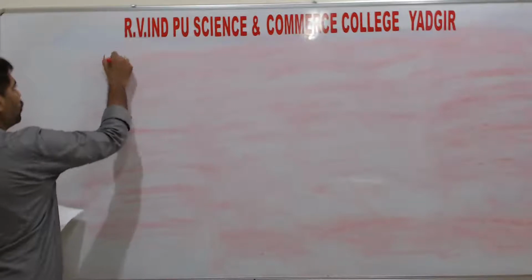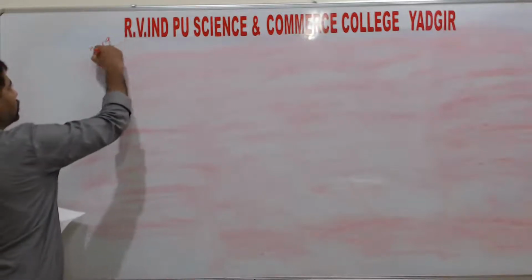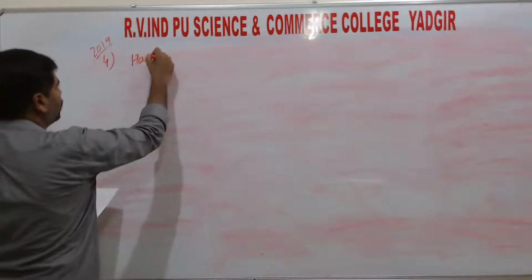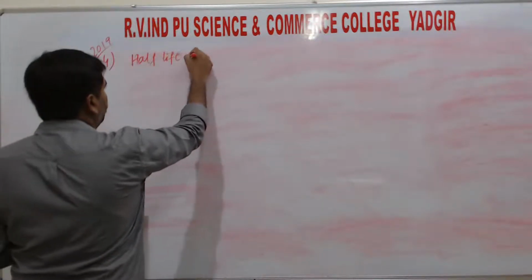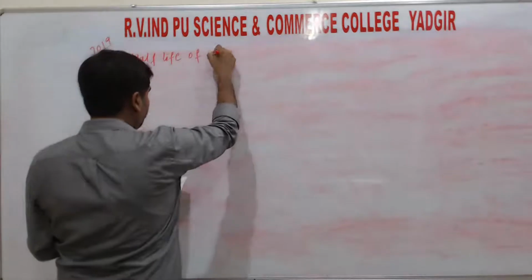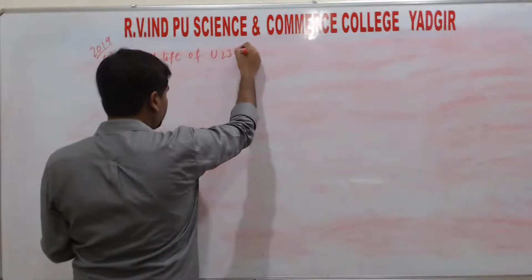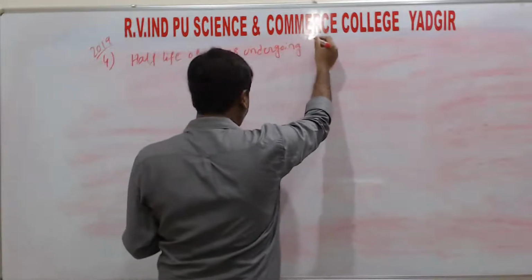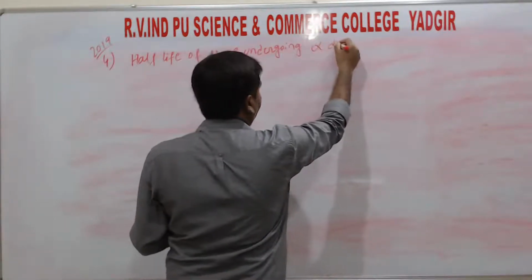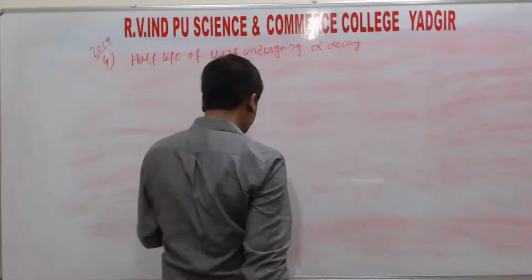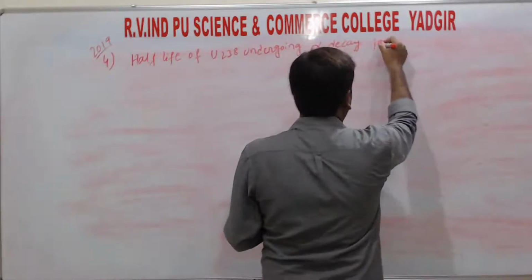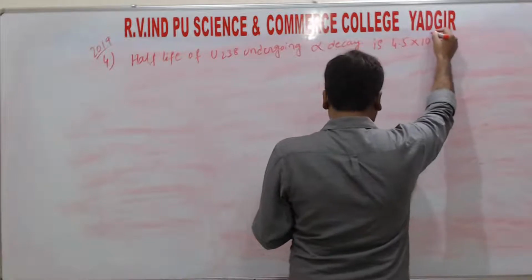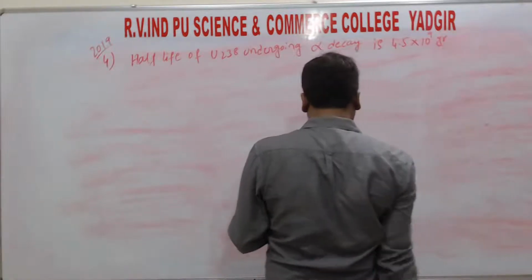So it's 4 problems. So this passed in the last year 2019. Half-life of uranium 238 undergoing alpha decay is 4.5 into 10 to the power of 9 years.